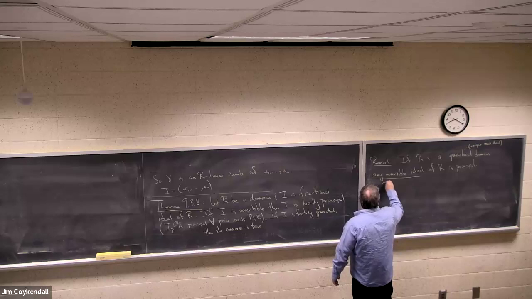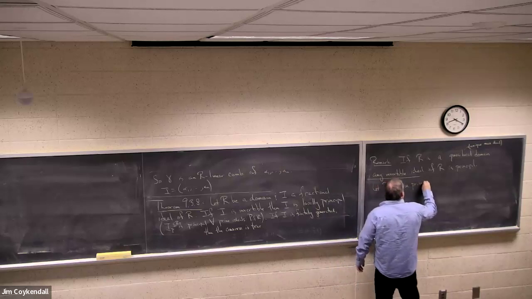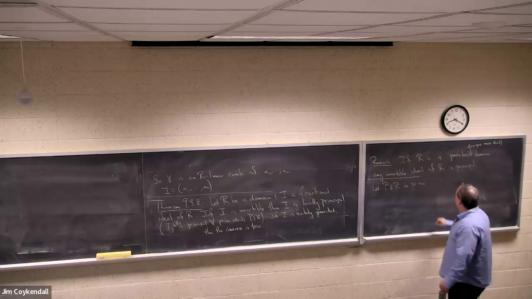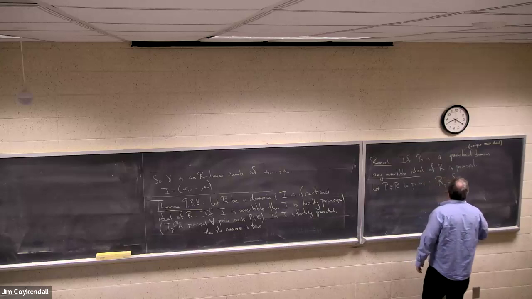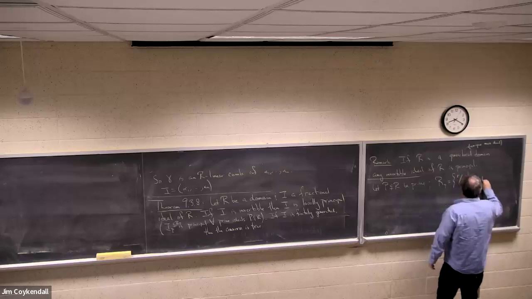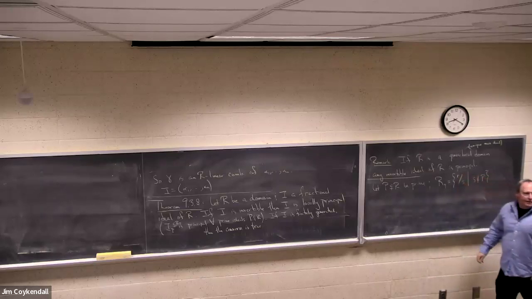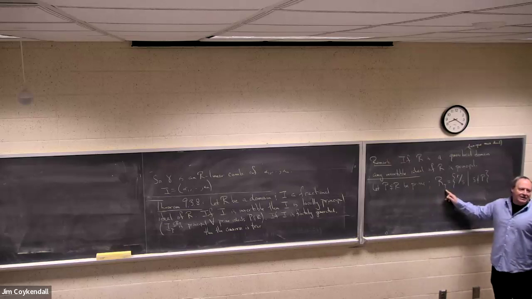Let me recall, let P be a prime ideal, then R localized at P is the set of R over S, where S is not in P. Unfortunately, when you see the terminology R sub S, that usually means numerator from R, denominator from S. When the subscripted thing is an ideal, it means everything not in there, right?